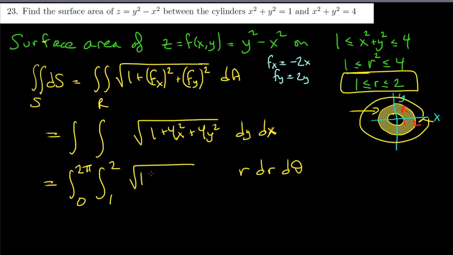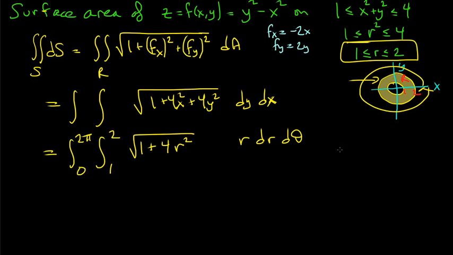Now the integrand is going to be 1 plus 4 times r squared, since x squared plus y squared is r squared. And if you think this is a tricky integral, remember you have this extra r from the Jacobian: dy dx is r dr d theta.